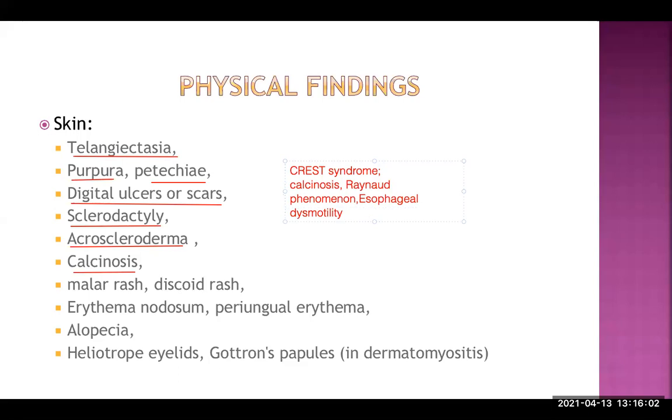This is the hallmark of systemic sclerosis. There is poor contraction or poor motility inside the esophagus, so the person will have dysphagia. S stands for sclerodactyly, which we have just talked about.